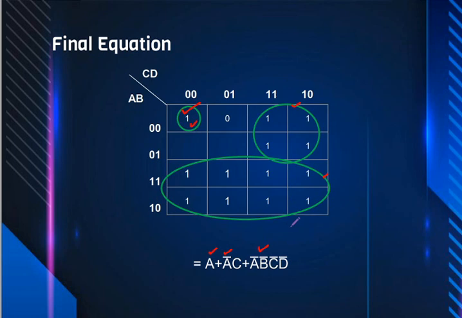So from these 4 rules we solved this and we got this equation, and in the next lecture we'll do the rest of the rules, 5, 6 and 7. I hope from this lecture you understand how we make groups, how we make equations, and how we make the final equation.